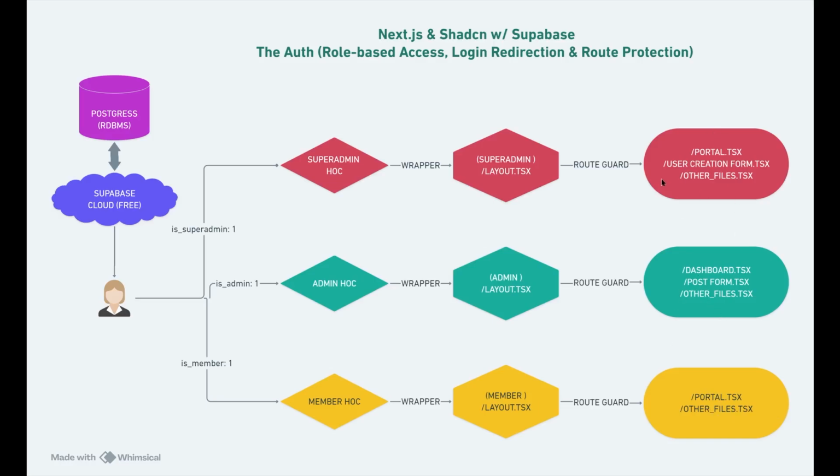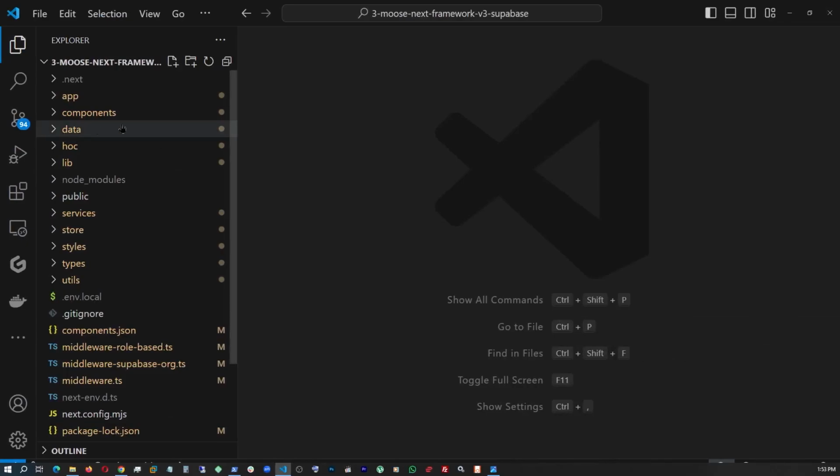All these files will be route guarded just by using a wrapper around these corresponding layout files. And in these higher order components, I'm using the necessary protection logic depending on these Boolean values. That said, time to hit the code. All right, so we are back at the Next.js code.